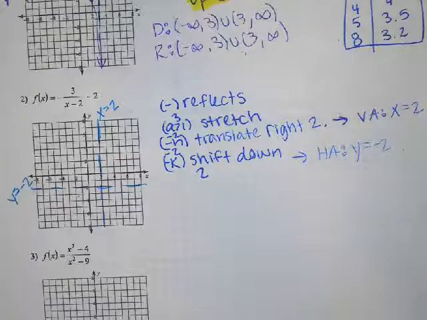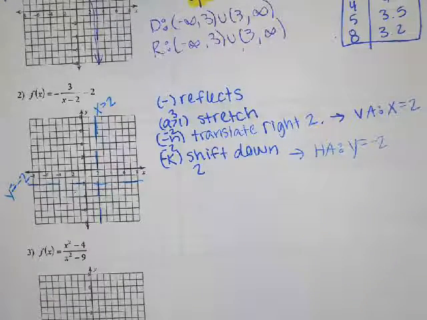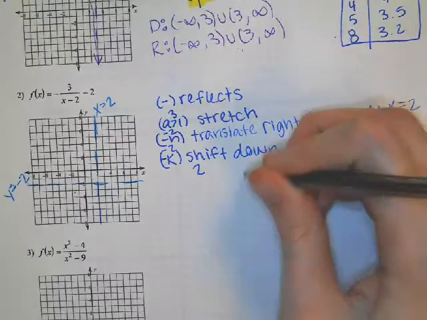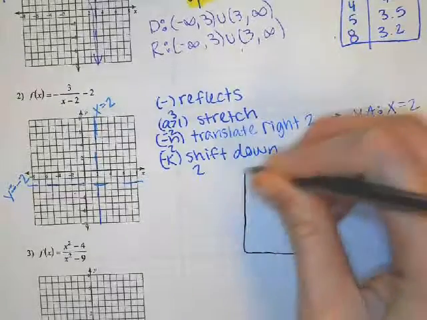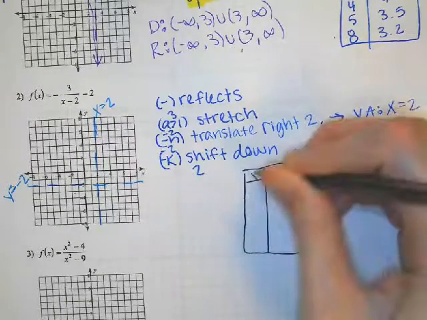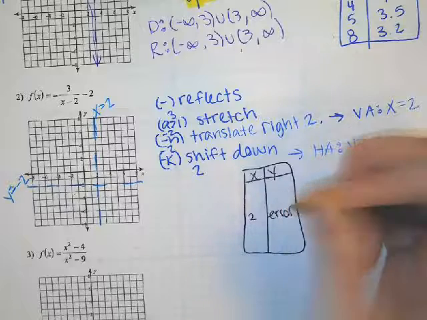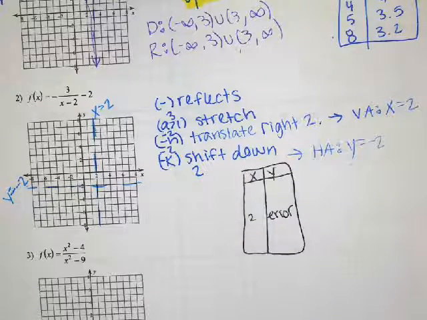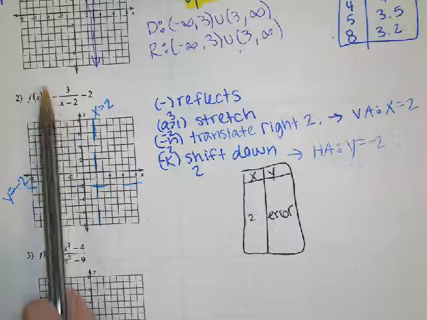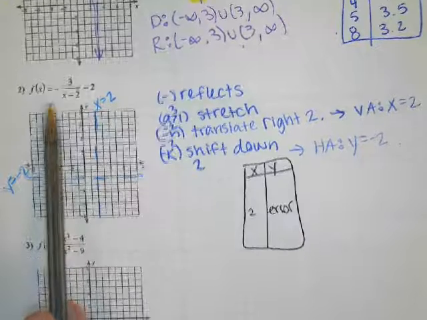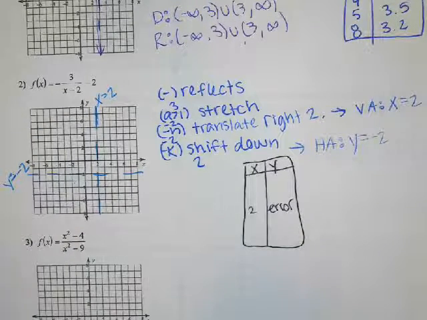What goes in the center of the table? The 2, because that's your VA. Alright, plug it in. Tell me the points that you have on the top and bottom. Do not forget to put that negative inside the calculator. It does make a big difference. Don't ignore it.